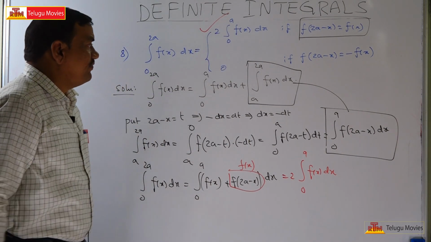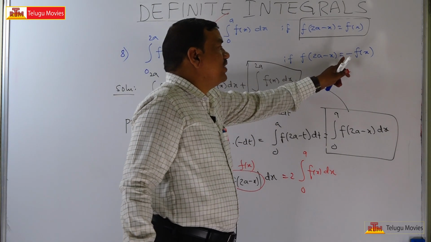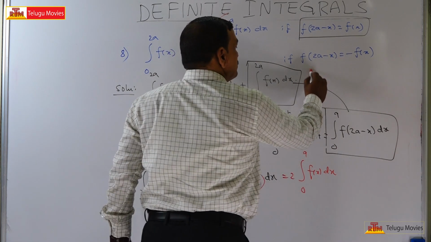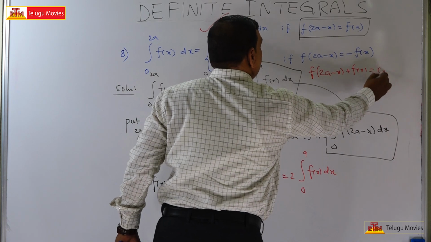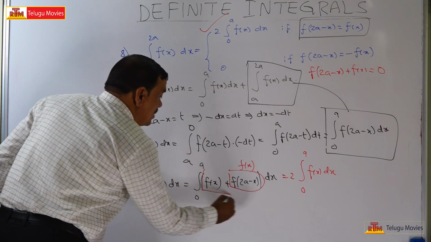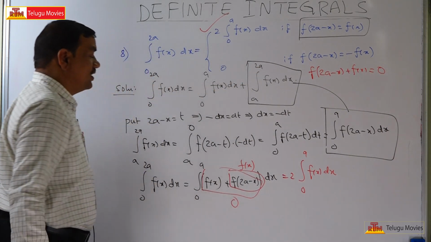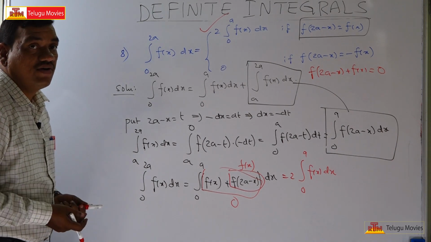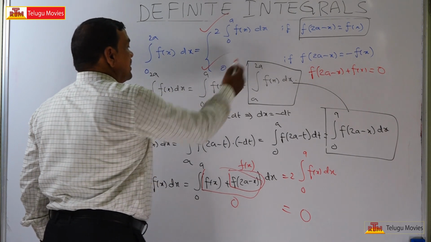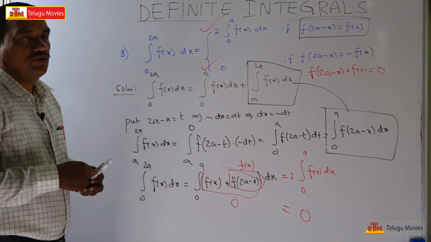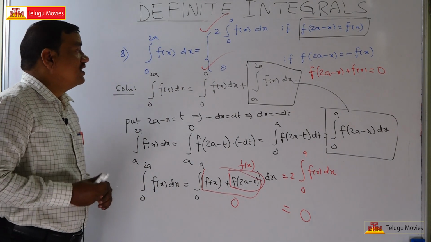Now, if f of 2a minus x plus f of x is equal to how much? 0. If f of 2a minus x plus f of x value is 0, then what will be your answer? The second result we will get. Okay, so this is the proof of the second theorem.